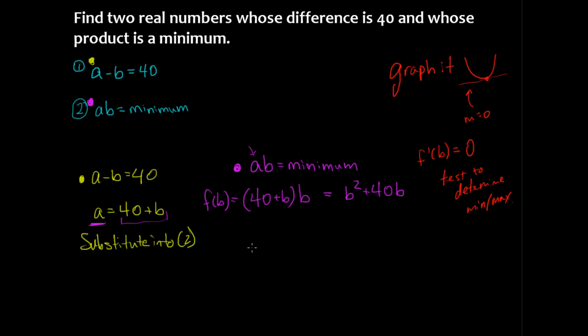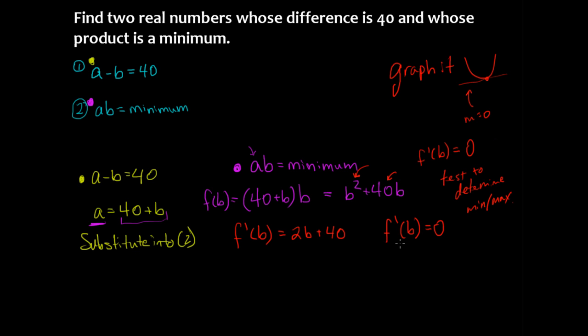So we'll take the derivative of f with respect to b. The derivative of b squared is 2b, and the derivative of 40b is 40. Now we need to find when f prime of b is equal to 0.